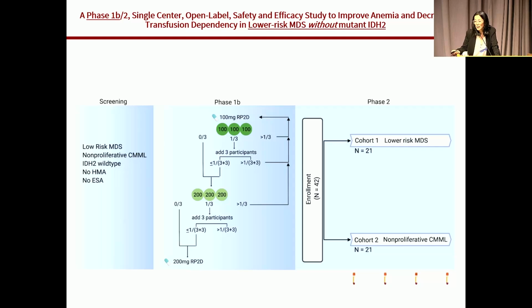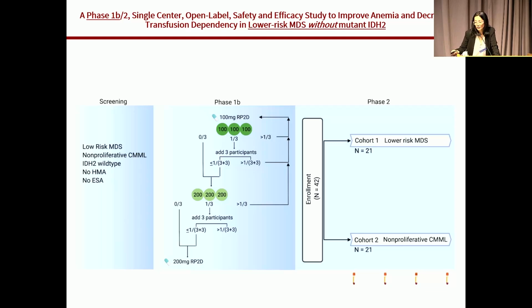But with CMML being a very rare disease, the accrual has been very slow, and so we've chosen to essentially shut down that part of the arm and focus on rapid accrual on the lower risk MDS arm of this protocol. And so all the data that I'll be discussing today from the trial is the phase 1b portion in the lower risk MDS and not CMML patients.